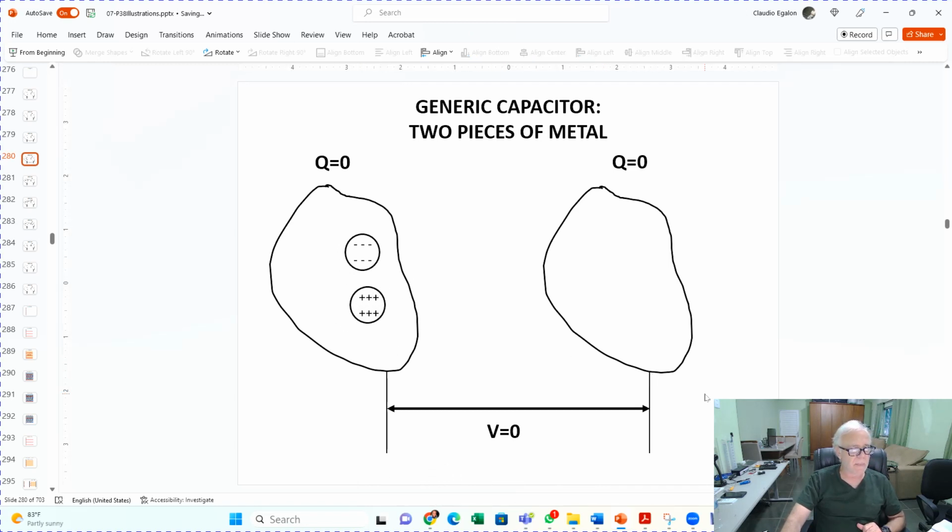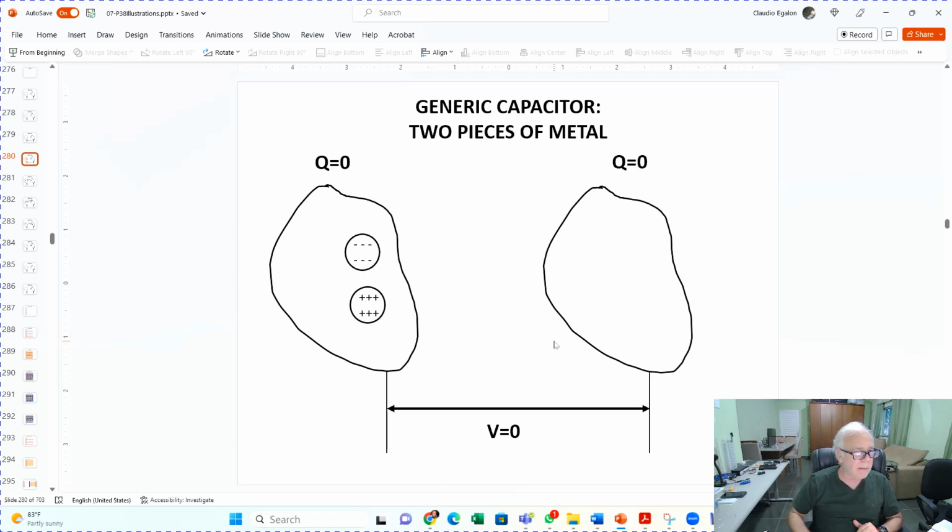In order to build up electric potential energy within the system, what do I have to do? I have to somehow get those negative charges that I have highlighted here and move them towards the other capacitor.